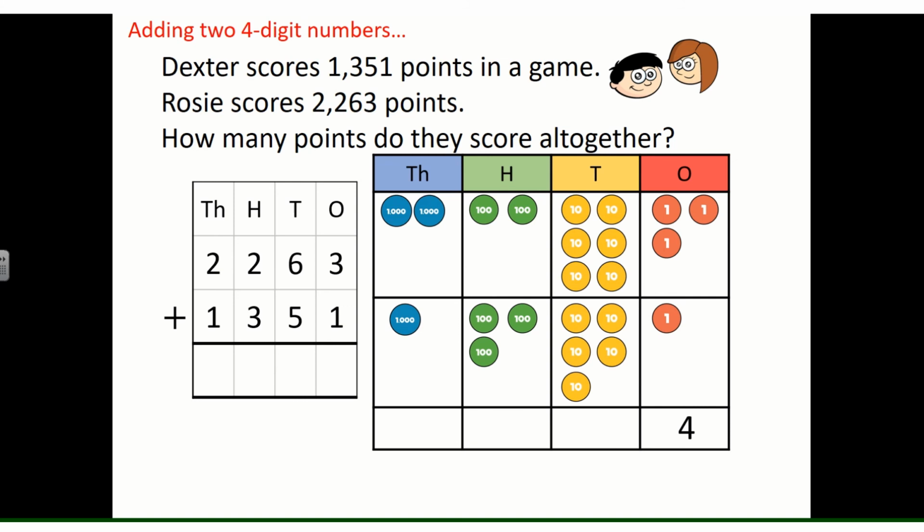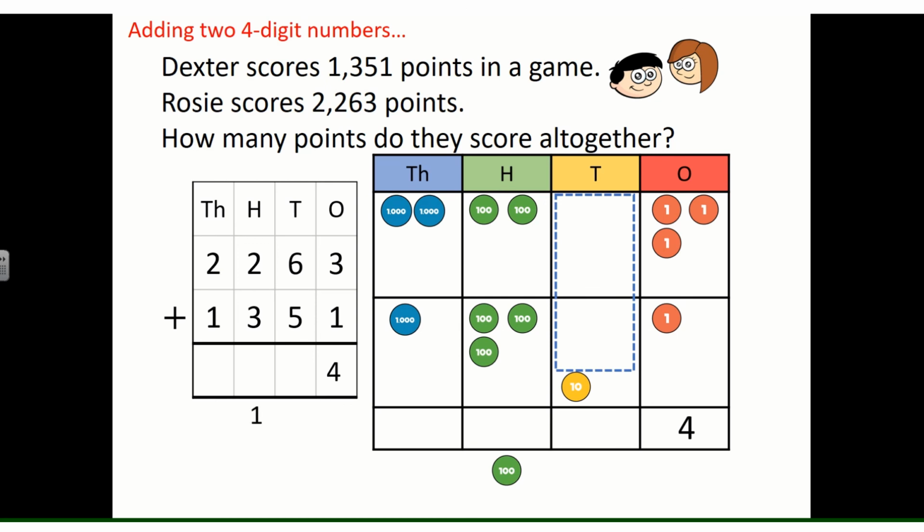I can't have all 11 tens in that column, so I'm going to exchange 10 of them for 100. And I'm going to represent this 100 by placing it underneath the hundreds column. That means now I have 1 ten left.